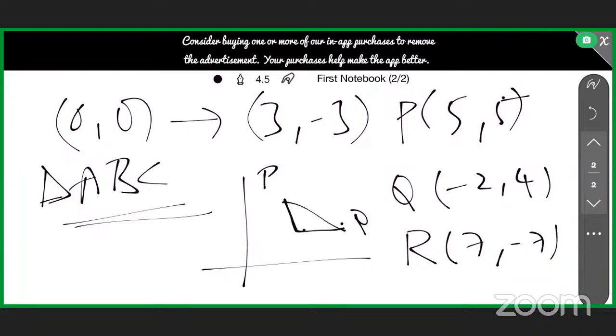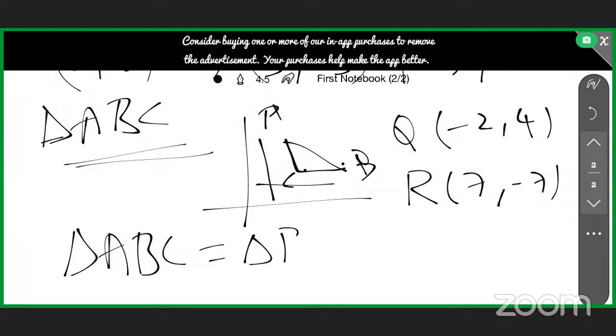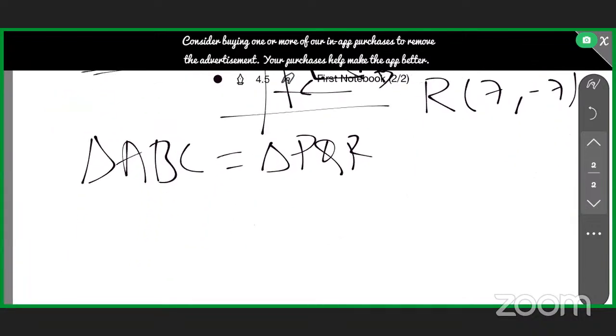We are shifting our origin to the new system (3, -3), and because of that PQR is becoming ABC. They are asking the area of triangle ABC, which is nothing but the area of triangle PQR.